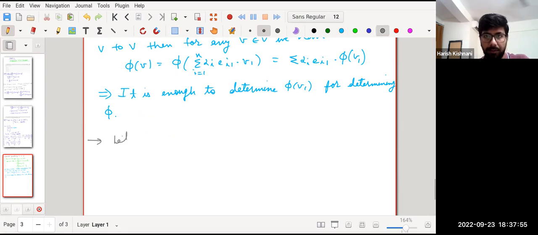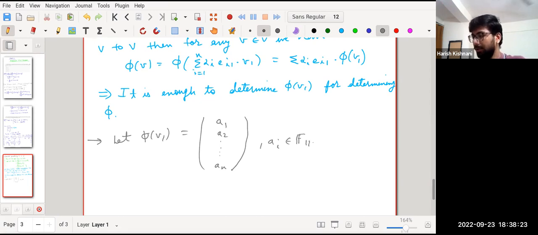So let your phi of v1 be, it's going to be a column vector again, because it's a module homomorphism from V to V. So let it be a1, a2, up to an, where your ai is from F11. Okay. So can you restrict some values of the ai's, or do you think that this is going to be the final?